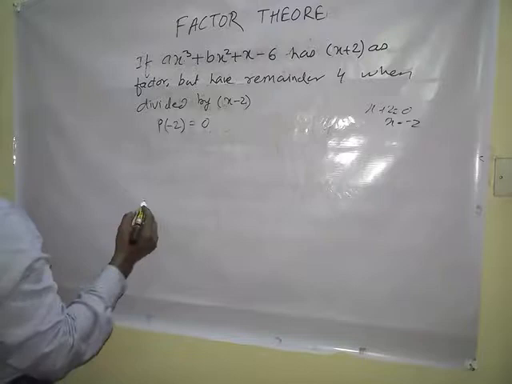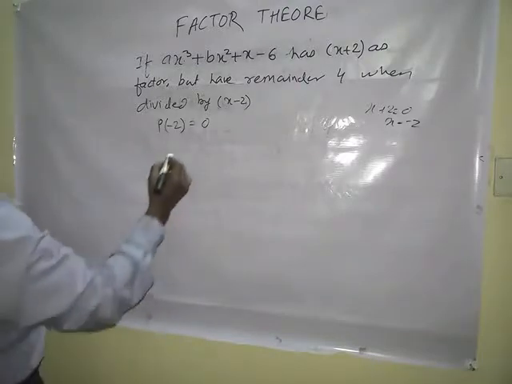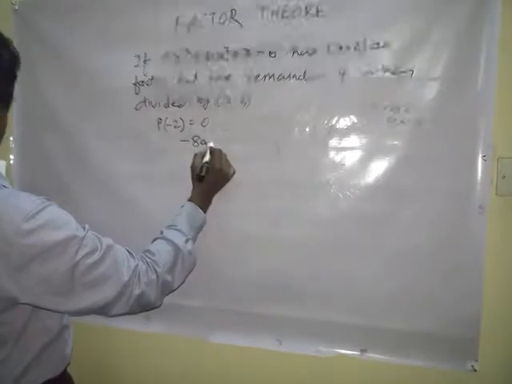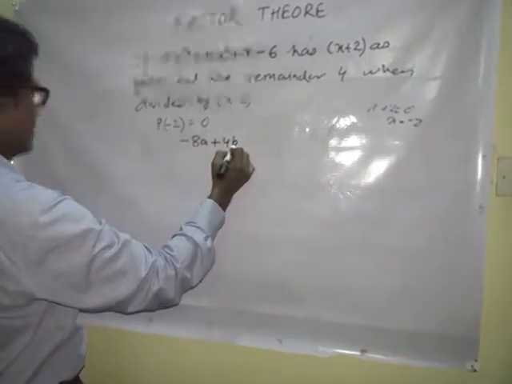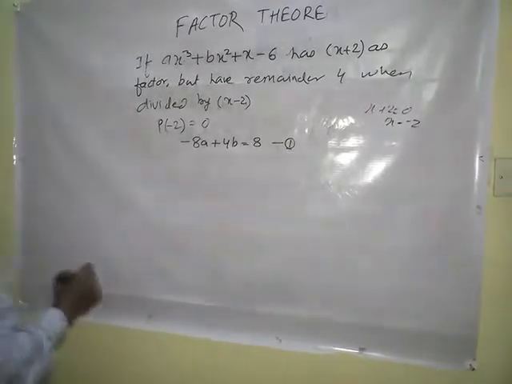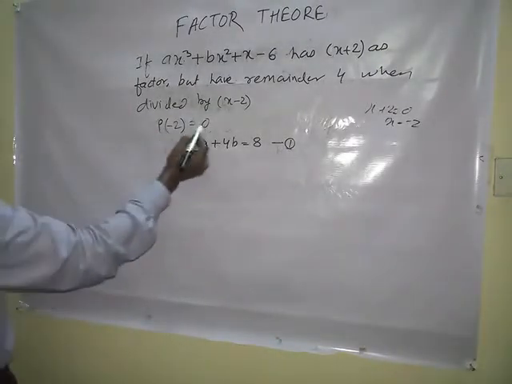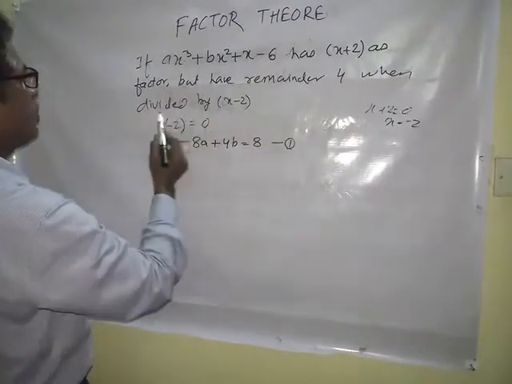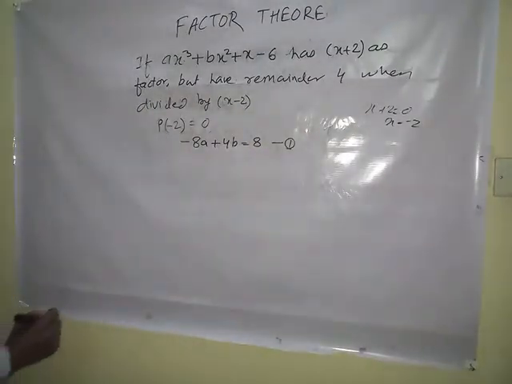So I'll straight write down, you can solve it a little. You are having an equation like minus 8a plus 4b is equal to 8. This is equation number 1, when you are equating it to 0. But it has a remainder of 4 when divided by x minus 2.